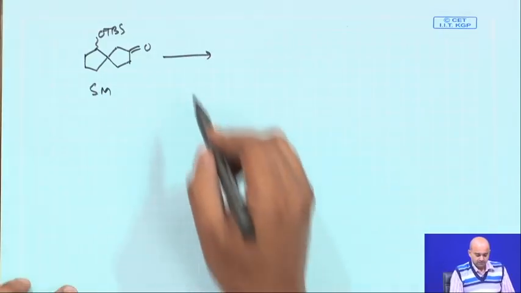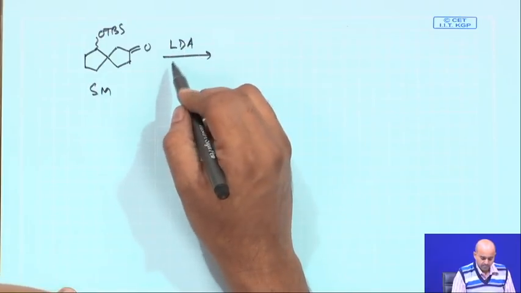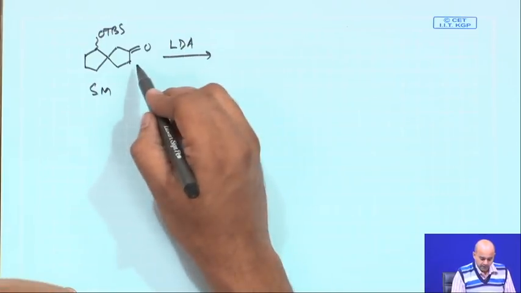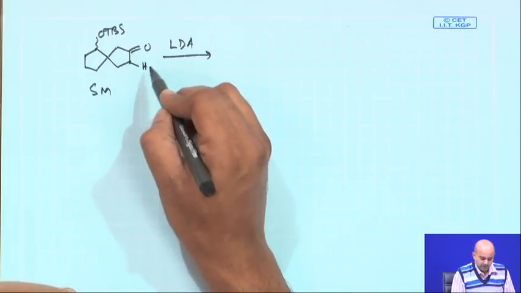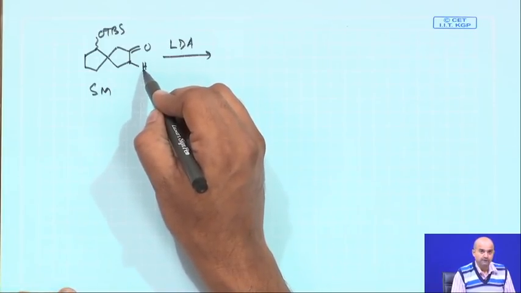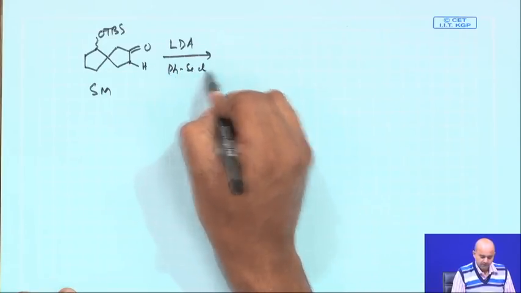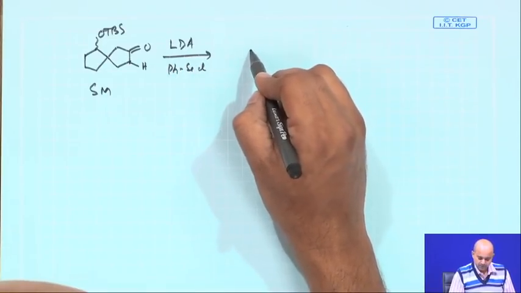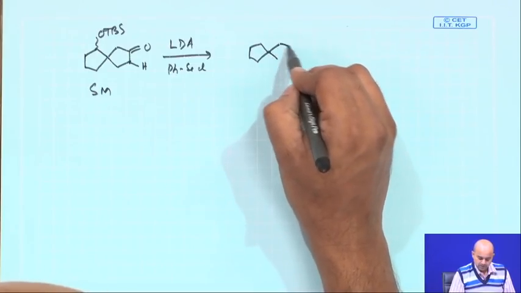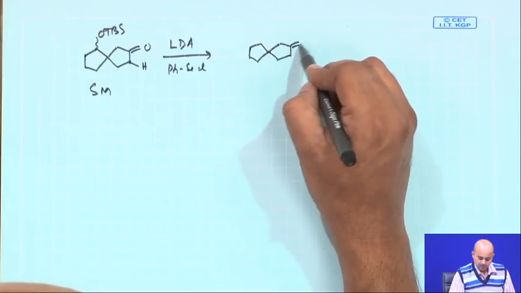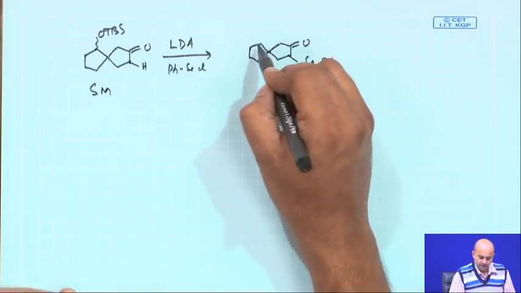Now, I say I will be using LDA. So, LDA will try to pick up this hydrogen, which is kinetically easily labile, and then you use PhSeCl. So, basically we will get this SePh.